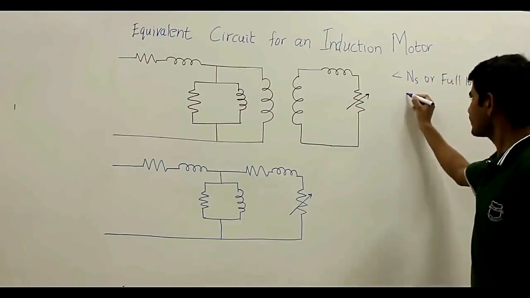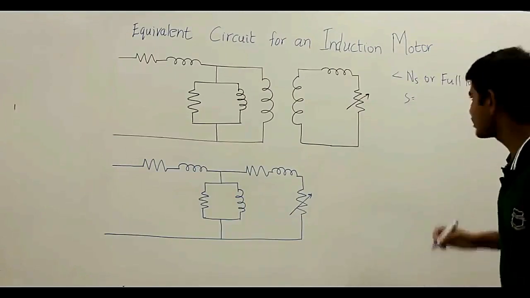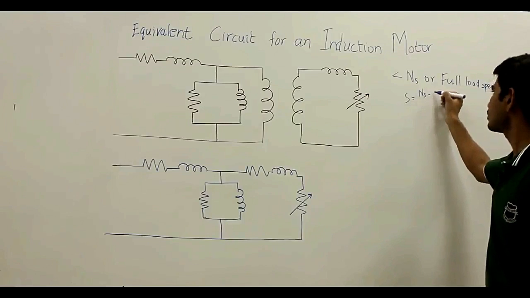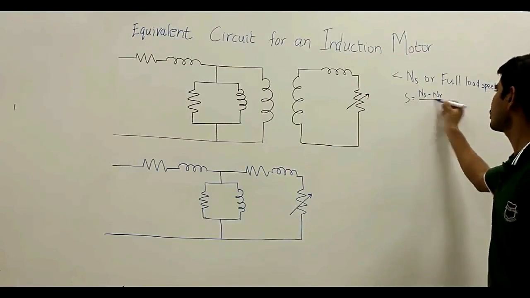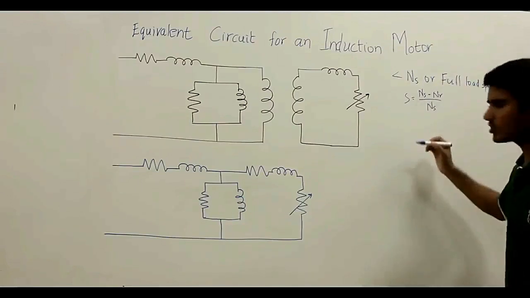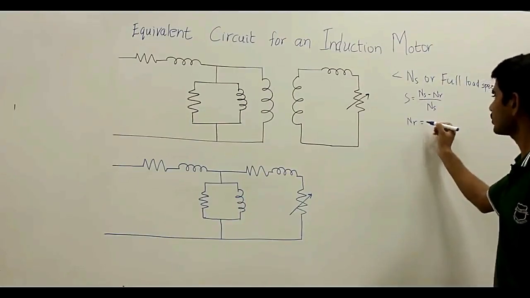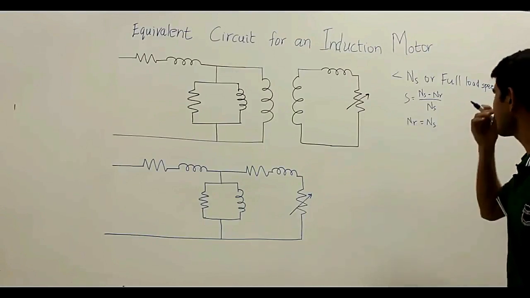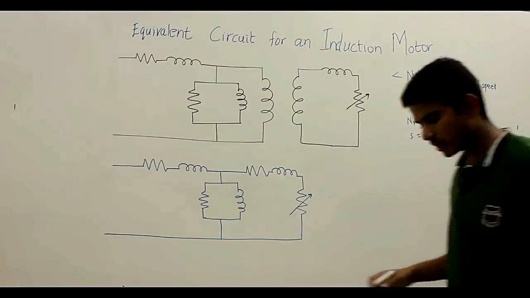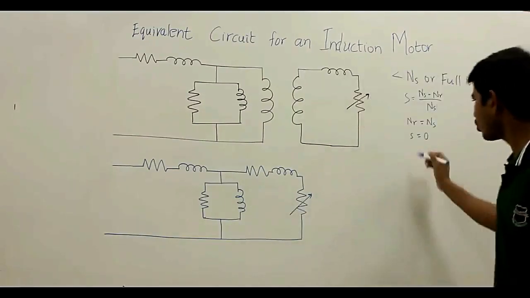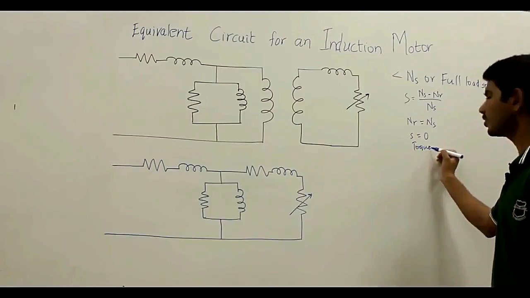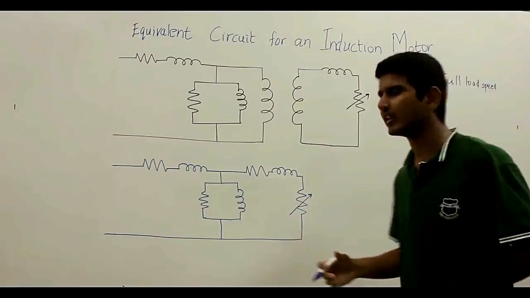Now, slip can be defined as the ratio of the difference of synchronous speed and rotor speed to the synchronous speed. When there is no relative difference, that is, the rotor speed is equal to the synchronous speed, your slip will be equal to 0, and the torque will fall, or you can say it will come to 0 gradually.